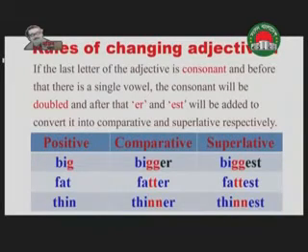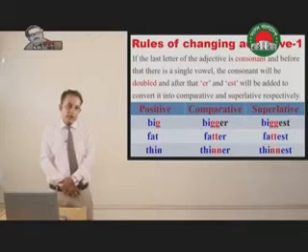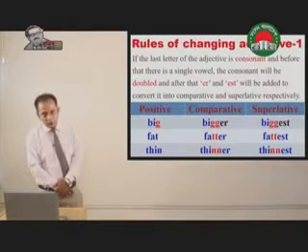The consonant will be doubled, and after that er and est will be added to convert it into comparative and superlative. Dear students, I repeat, this is most important for you.